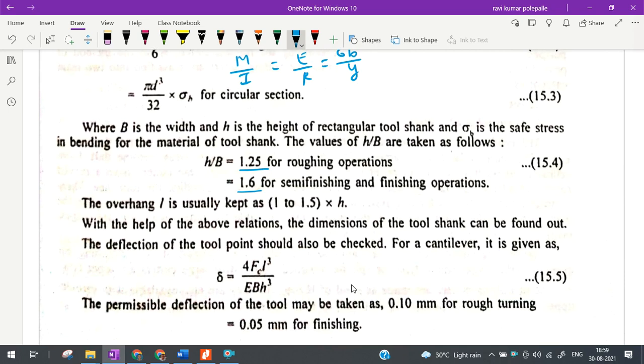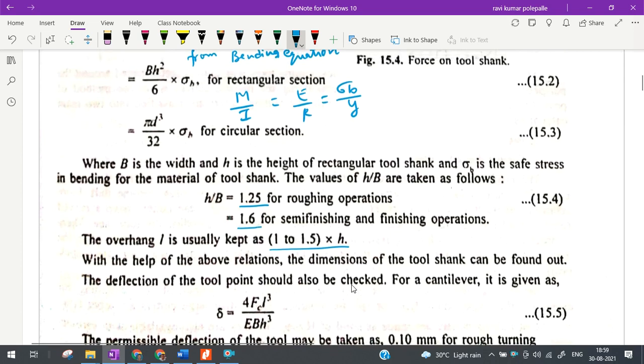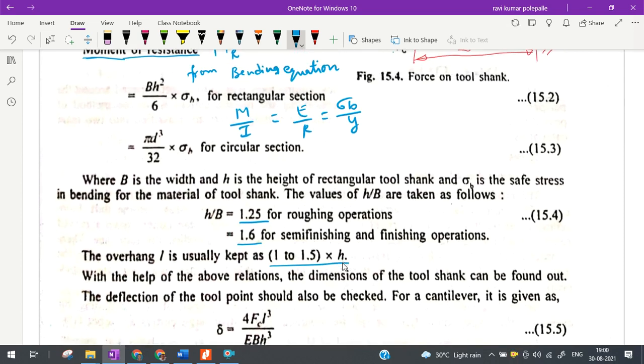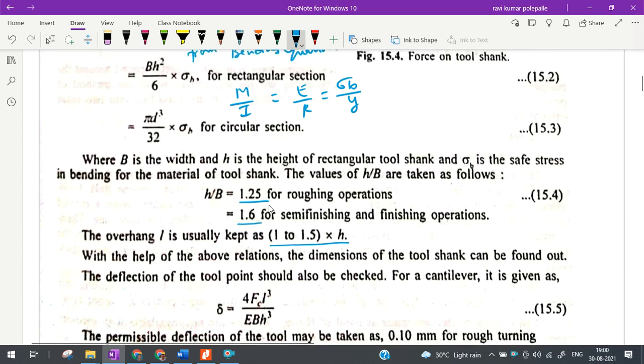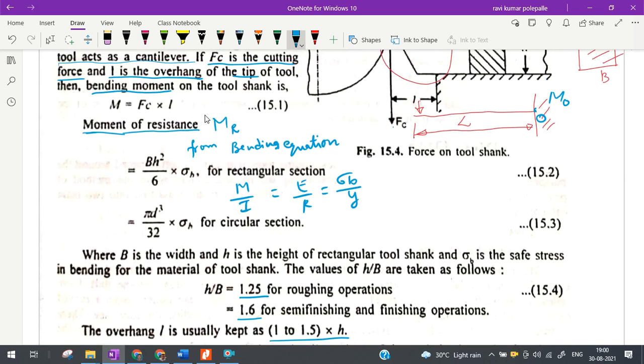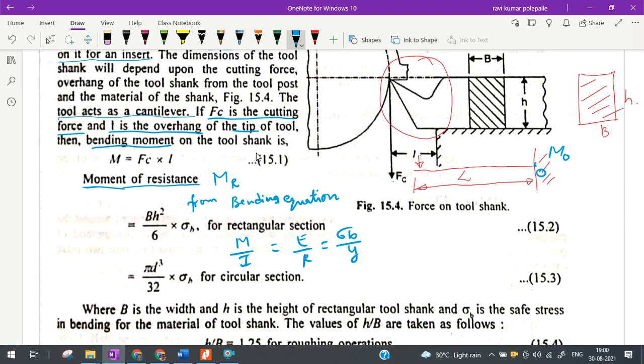Length of the overhang is generally kept low. It is generally 1 to 1.5 times the height H. So we are going to decide what is going to be the value of H, B, L. So L is nothing but the overhang.